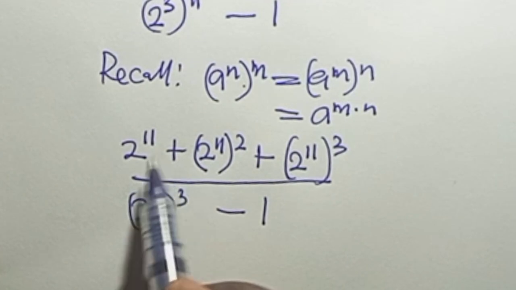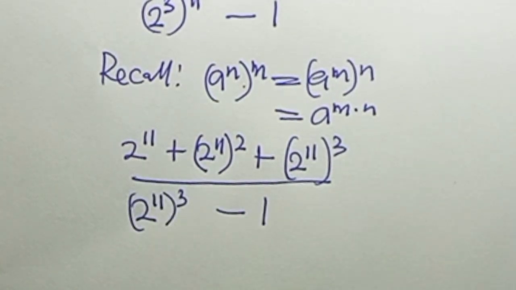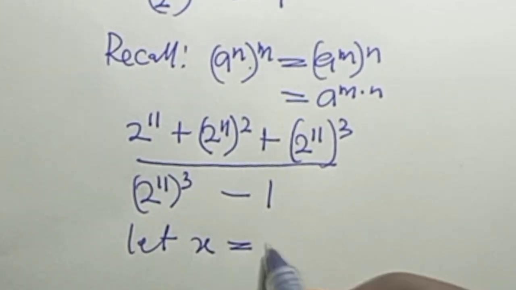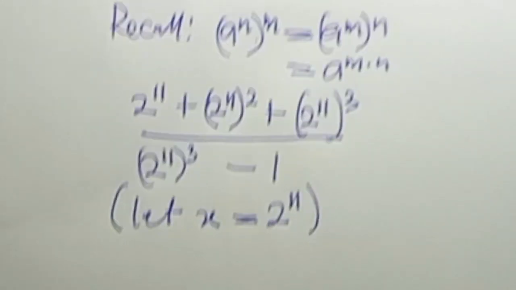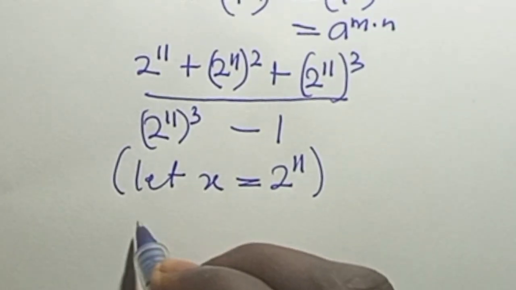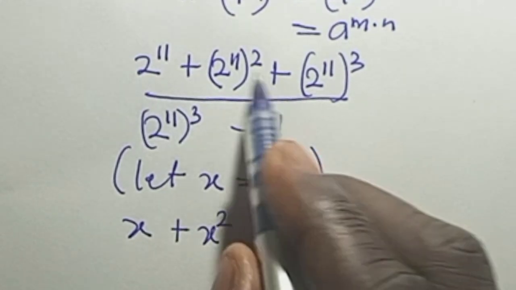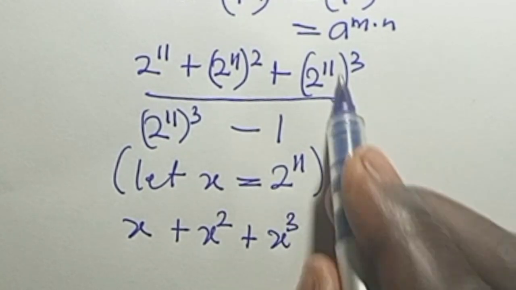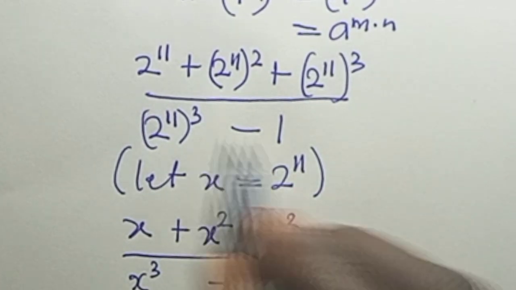And now we have 2^11 in almost all the terms. So we say let s be equal to 2^11. So our equation will become s + s^2 + s^3 over s^3 - 1.